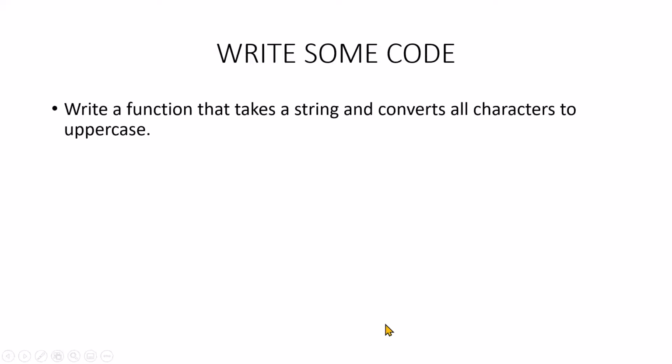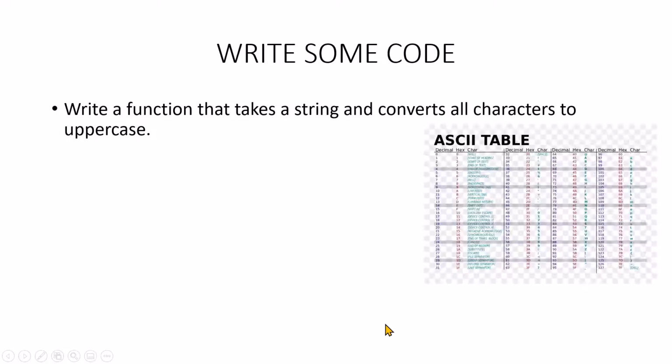Moving on. Now we will write some code, and this you can write with me. Write a function that takes a string and converts all characters to uppercase. In effect, what we're going to do is we're going to be using what is called the ASCII table. If you look here, you can see if we have lowercase characters, all of them start from decimal 97 and end at 122.